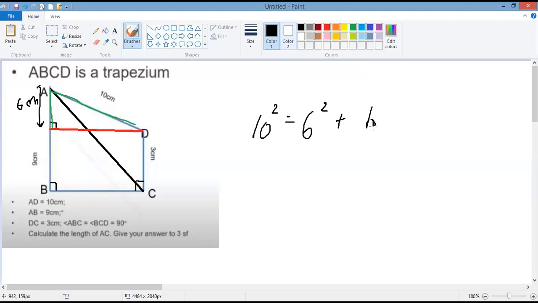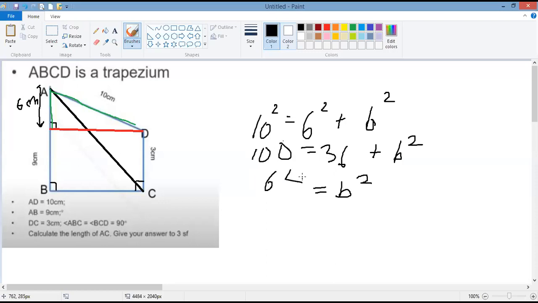This is what you want to find out. So you have 100 equals 36 plus B squared. So B squared equals 100 minus 36. Move this to the left hand side, then you get 64. So B squared equals 64.